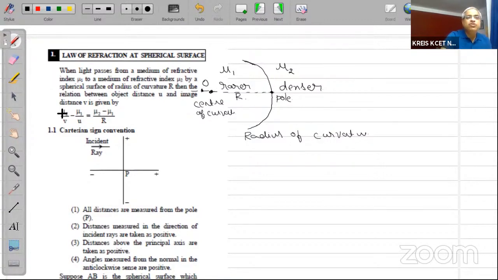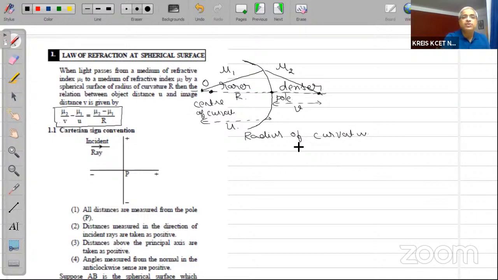Then it can be shown that the image will be formed maybe in the denser medium here like this. We don't know, we'll find out where it's going to be formed. If it is formed here, then this distance will be the image distance, and this distance will be the object distance.